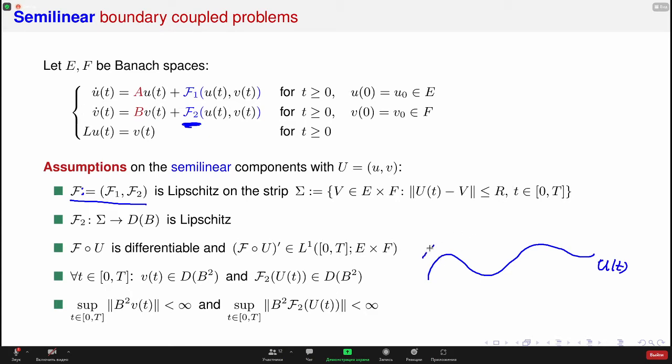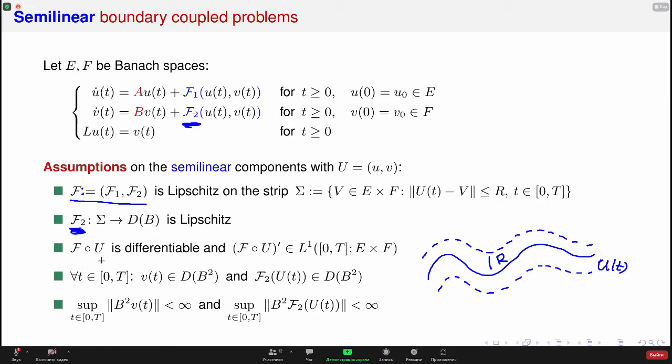And then this R means that we have a strip around this exact solution, of course in the function space and not on the plane, but you can understand. So this is somehow R. And when we are living in this strip, then this F is Lipschitz. Also, F2 should be Lipschitz.